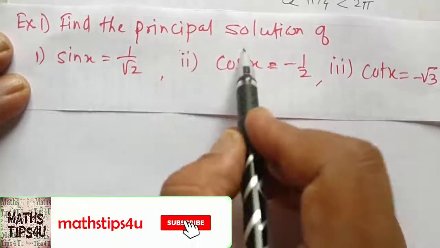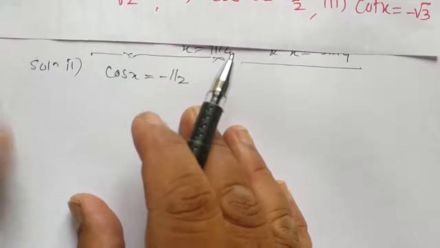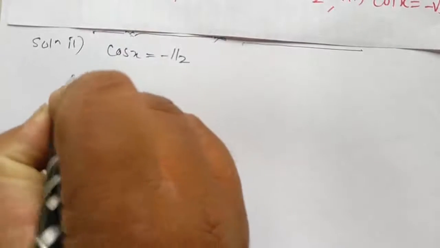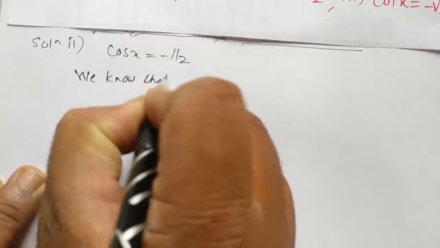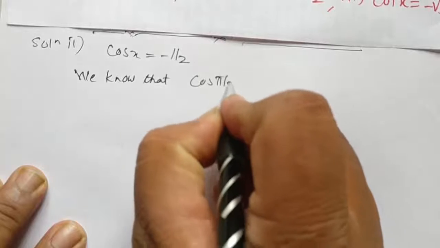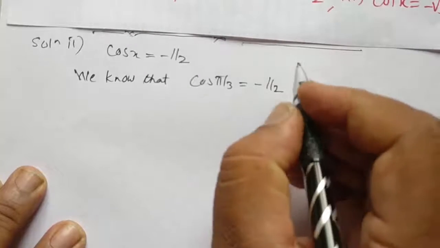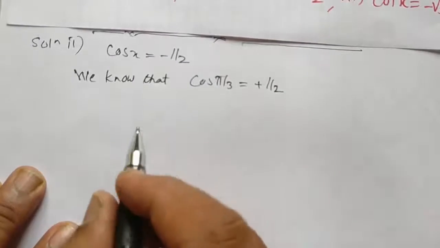Example number 2, cos x is equal to minus 1 half. Solution: cos x is equal to minus 1 half. We know that cos of pi by 3 is plus 1 half.